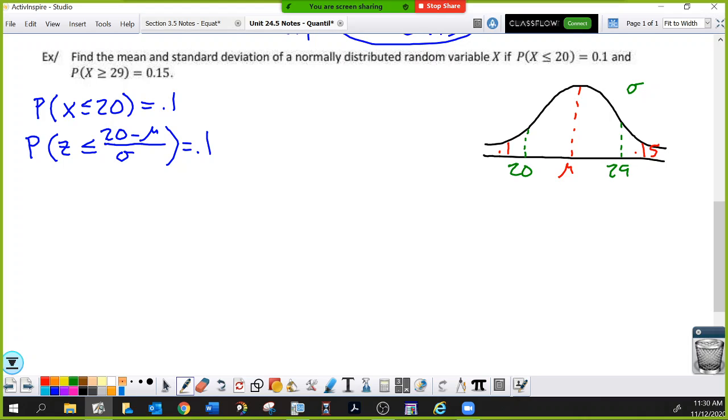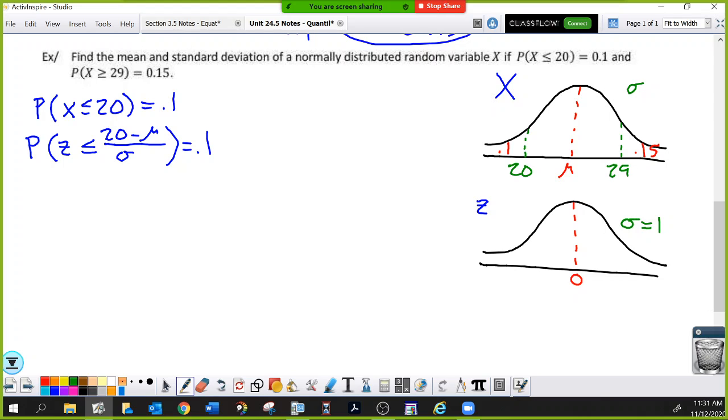This is on my x distribution. I'll draw the z distribution. Z-scores are found by doing x minus mean over sigma, correct?